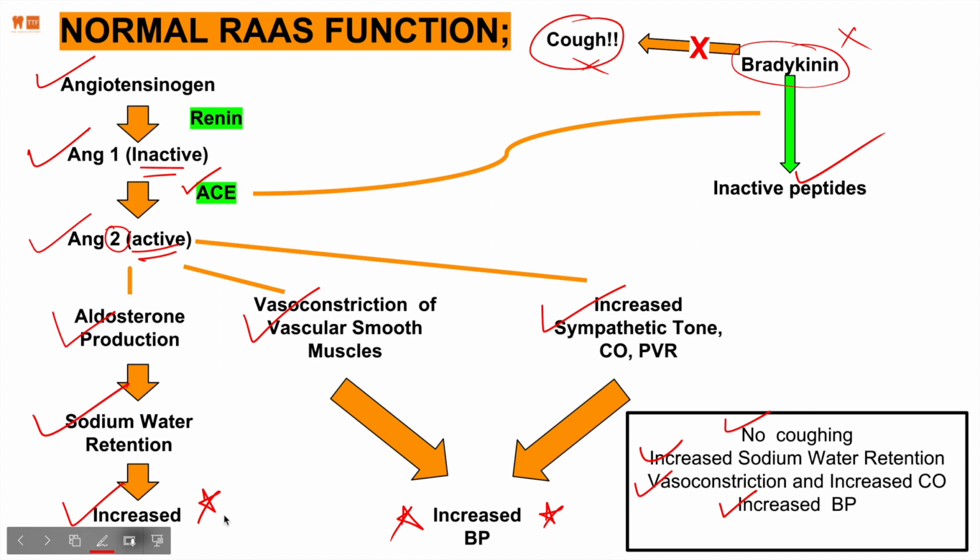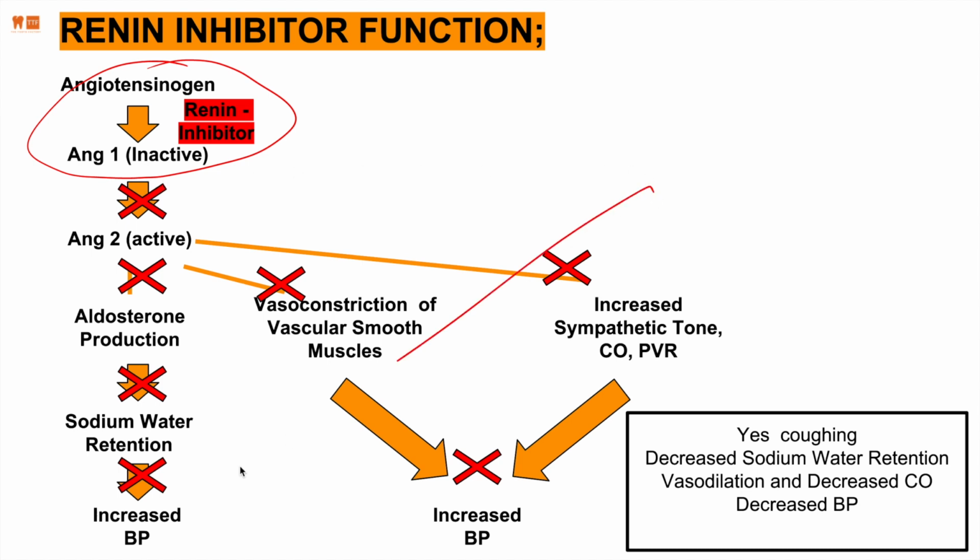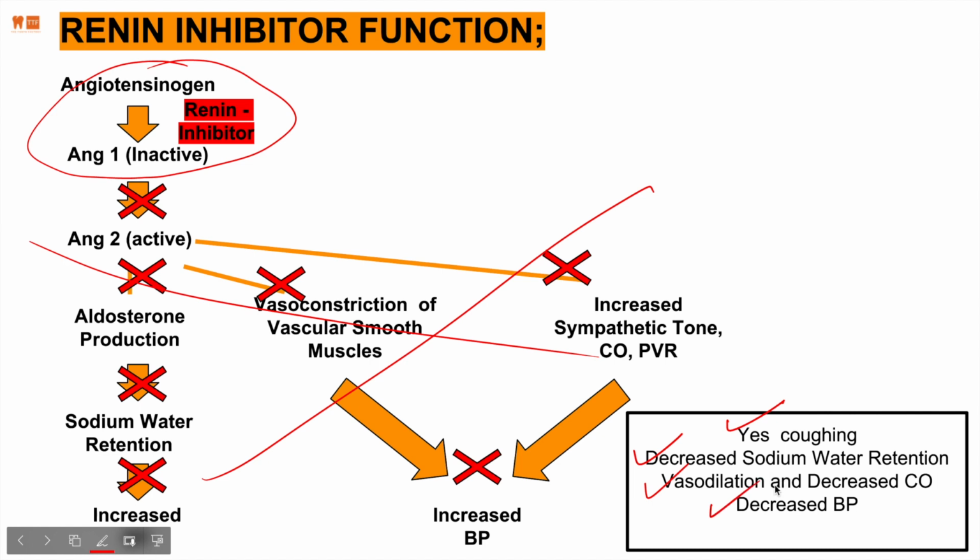This is basic RAS. But renin inhibitors block this step right here, angiotensinogen to angiotensin 1. Therefore, the whole system is blocked. Therefore, cough is present, decreased sodium-water retention, vasodilation, decreased cardiac output, decreased blood pressure, all of that occurs.